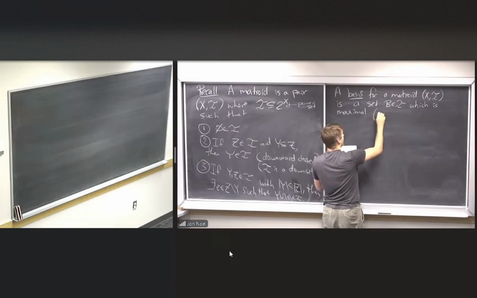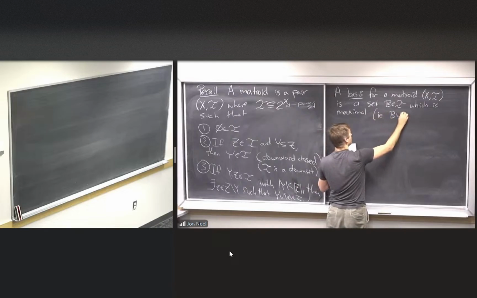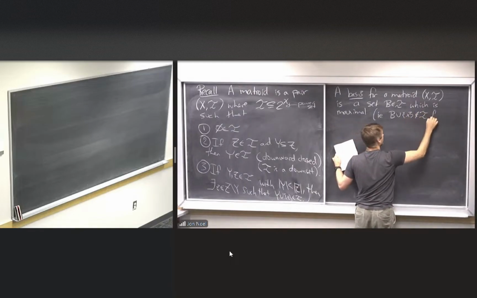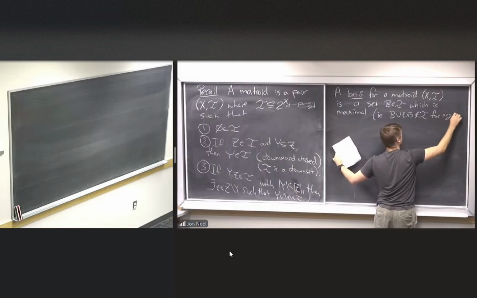I.e., if I take B union X, it's not in I for any X that's not in B.